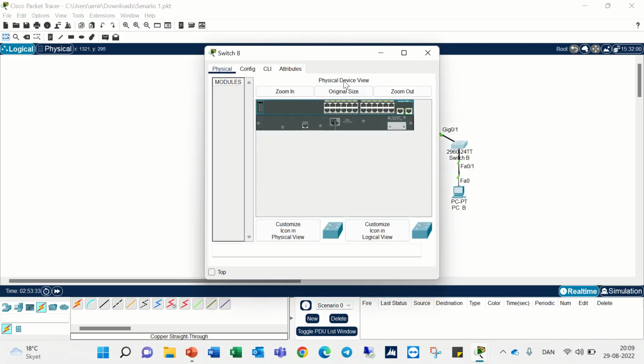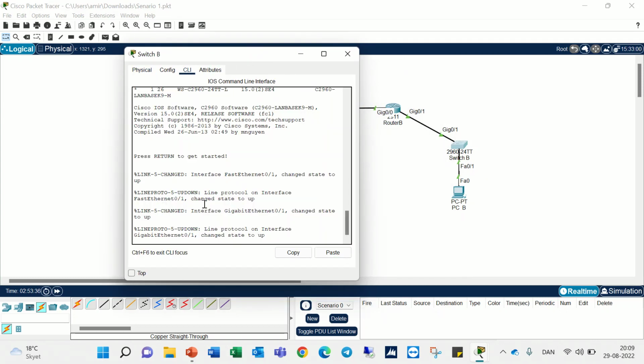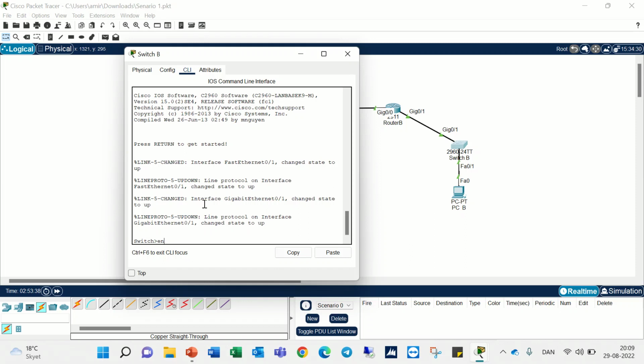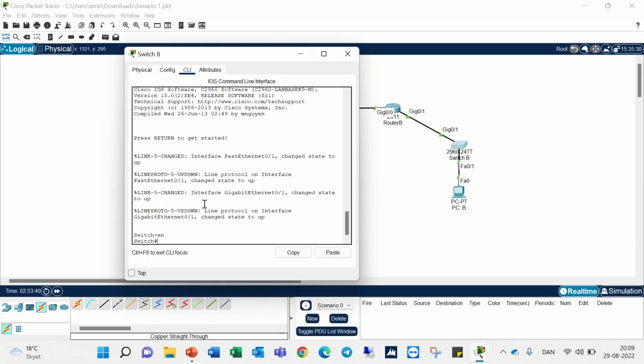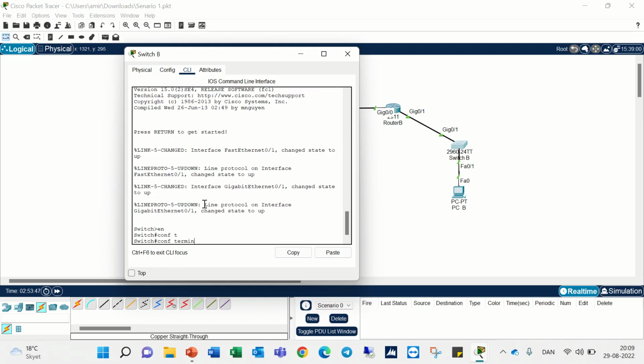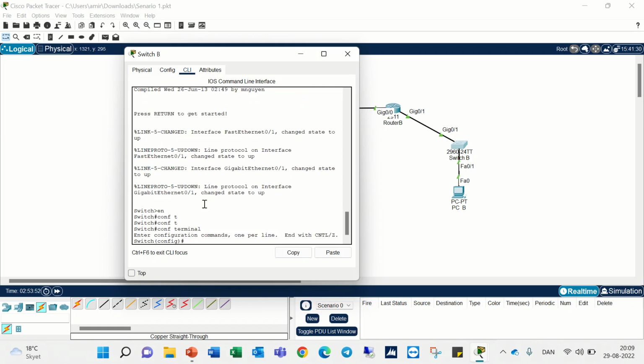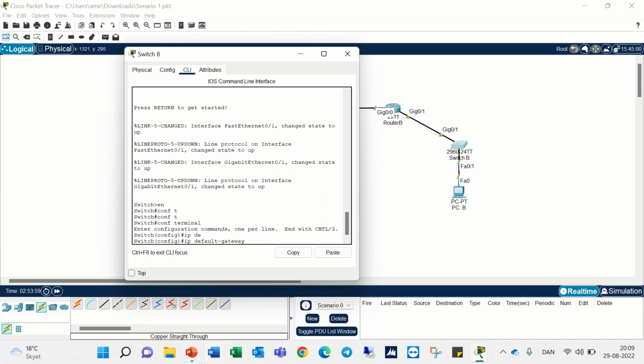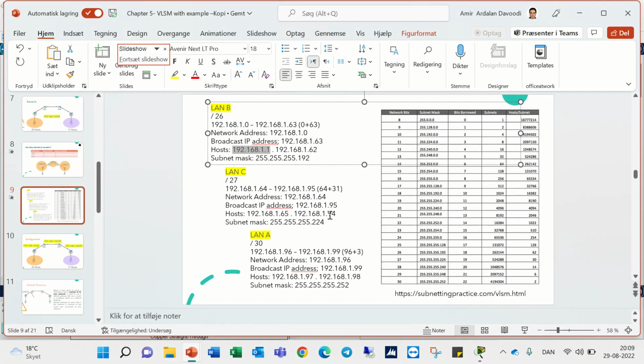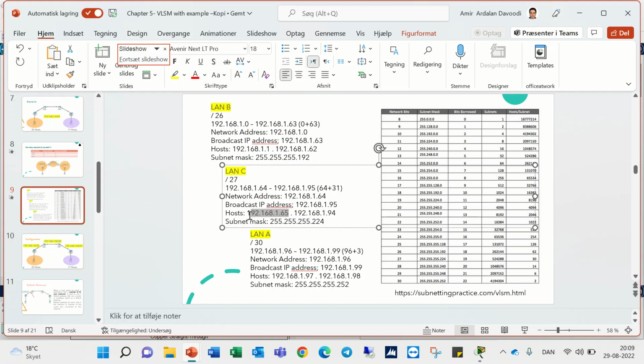And same process in switch B. You can go here, enable or en is okay, both of them. Configure terminal, or only you can see conf terminal. If you write here, for example, t and click on tab, it will be configure terminal, conf terminal. And ip default-gateway for this one should be this IP address.